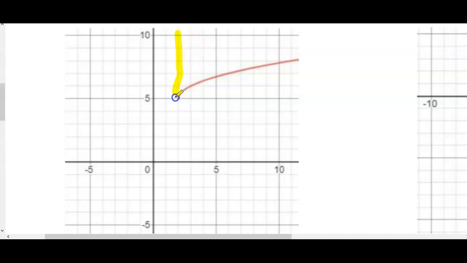Also, if we're just looking at this graph, there's also a horizontal asymptote right here. So this graph, that red line, does not cross that yellow line, which is 2, and it does not go below that green line, which is 5.